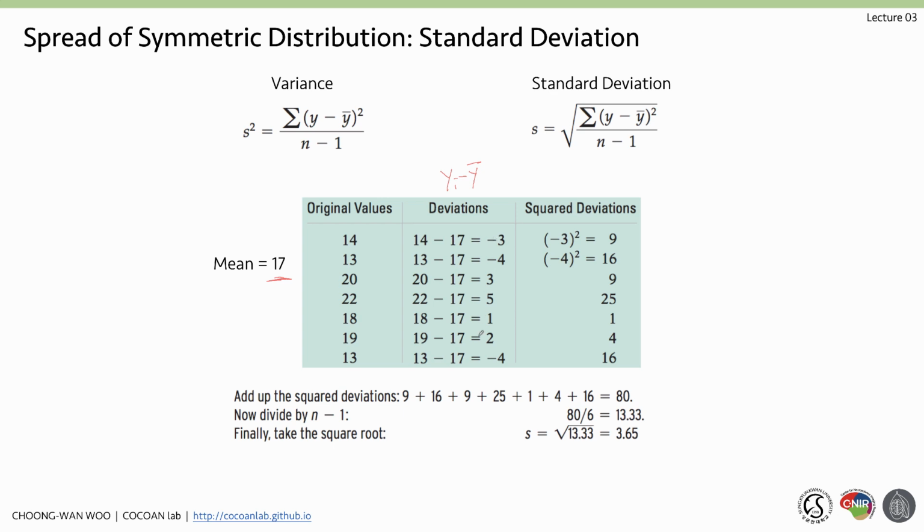Because we don't want negative values, we square the deviations: 9, 16, 9, 25, 1, 4, 16. Add up the squared deviations and it becomes 80. Now divide that by n minus 1. The total number of data is 7, so divide by 6, and that becomes 13.33. Finally, take the square root, that is 3.65.